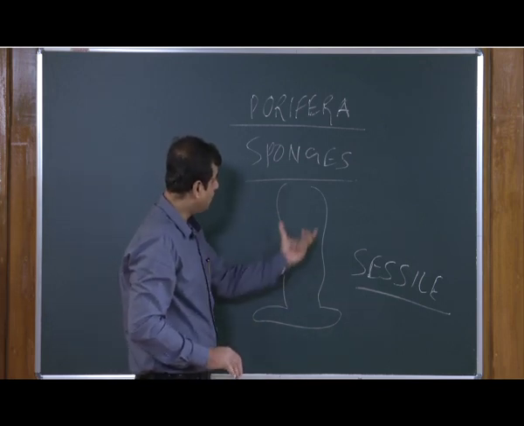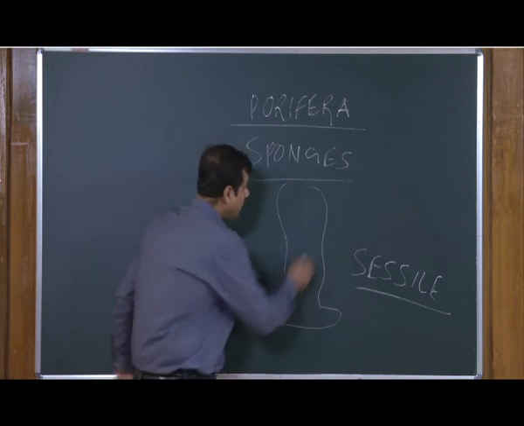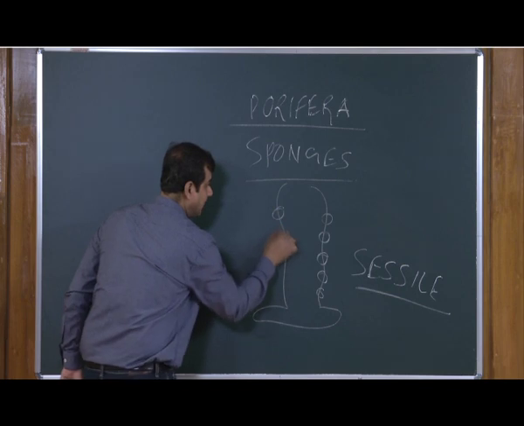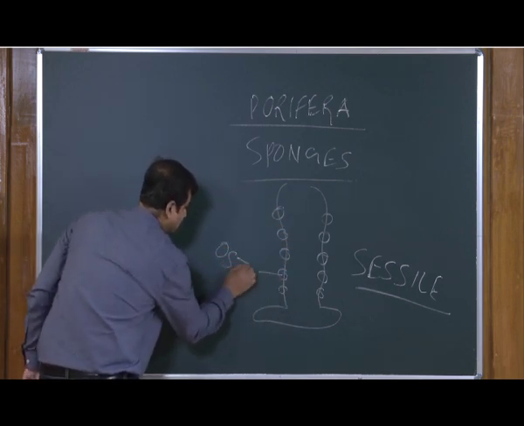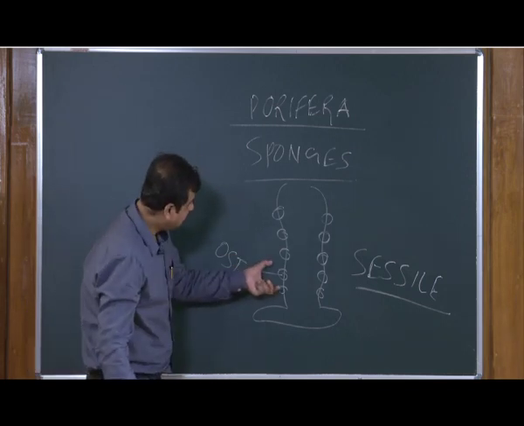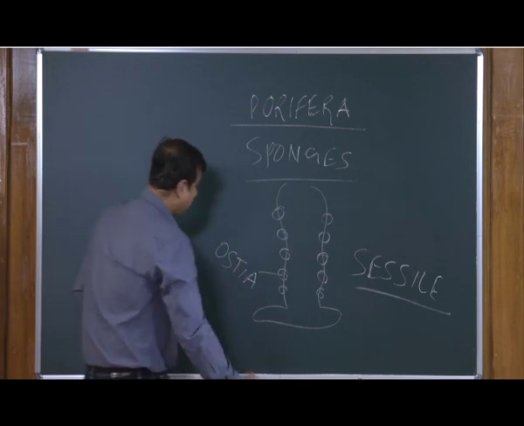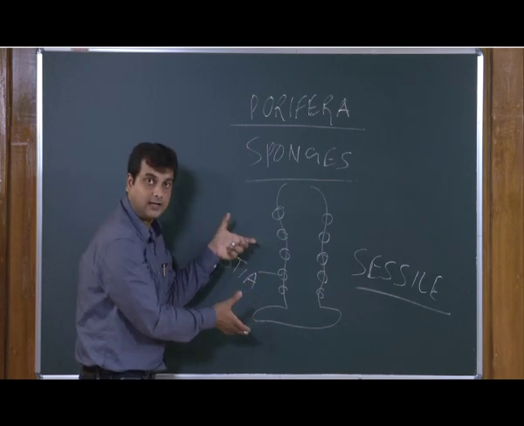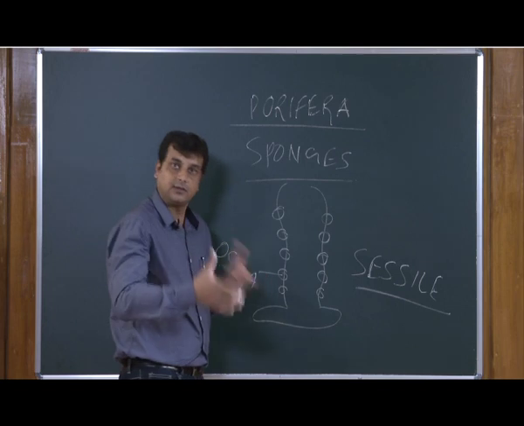Now, the whole body of these sponges has very minute pore-like structures called ostia. The ostia are distributed throughout the body of the sponges. Because these organisms are aquatic, living inside the sea, everything comes with water.